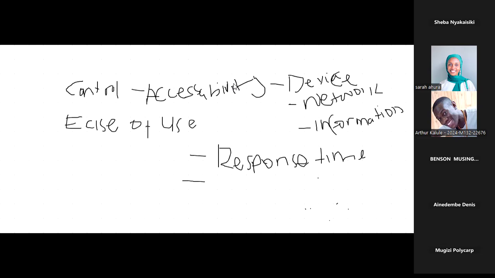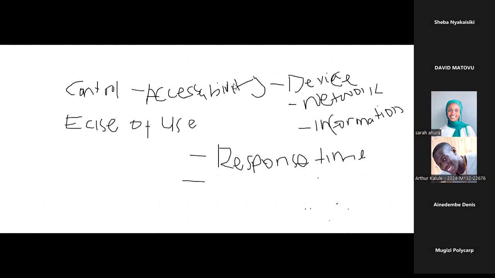Some other questions I've seen which measure ease of use are, can you do it by yourself without any help. I think, doctor, you can call that navigation. How about availability? Yes. Navigation, availability.